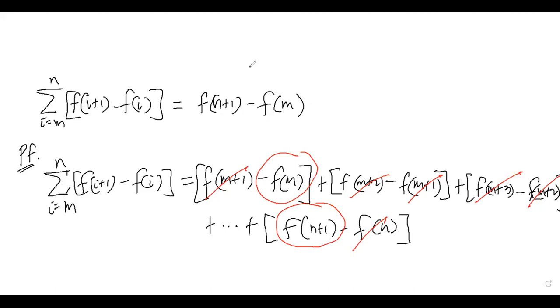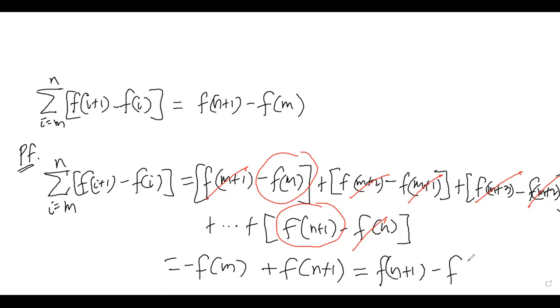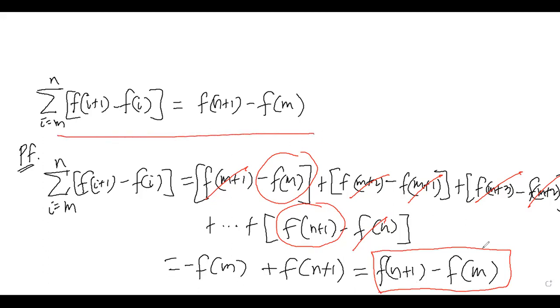So what is left is only negative f of m plus f of n plus 1, or we can write the positive first: f of n plus 1 minus f of m. So the telescoping sum is equal to this. We are done proving it.